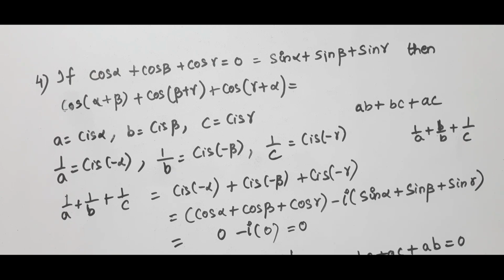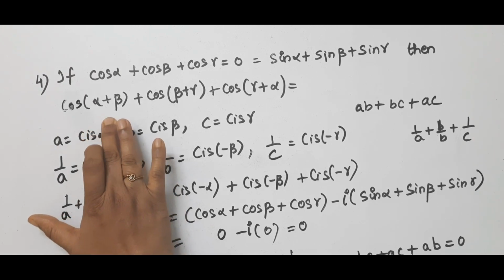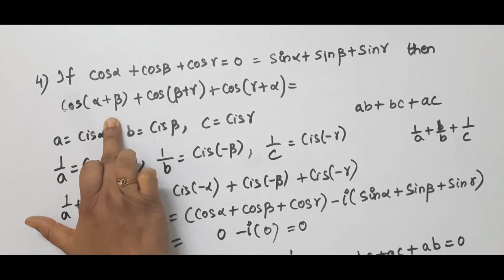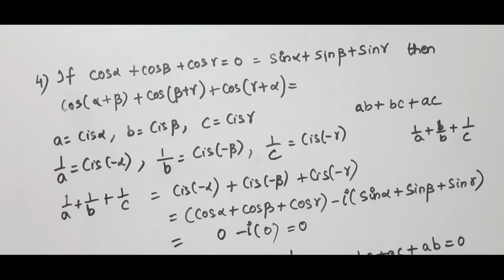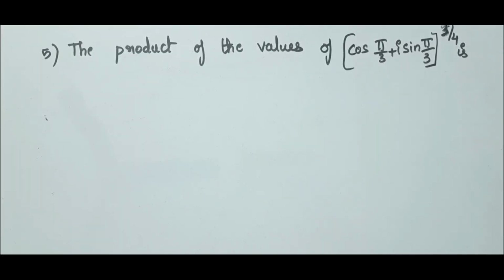It is simple. This type of model problem will be very simple once you observe the logic behind the question they asked to find. Now let us go to the next problem.